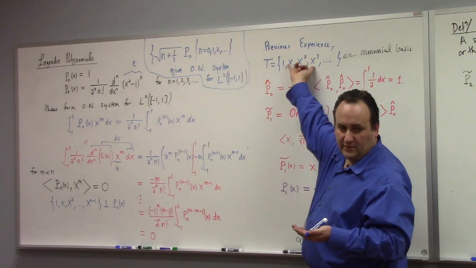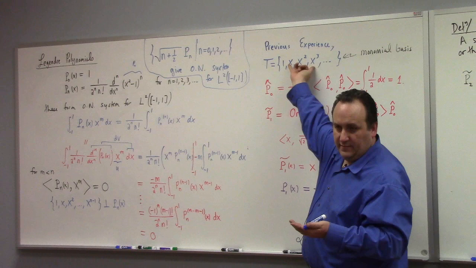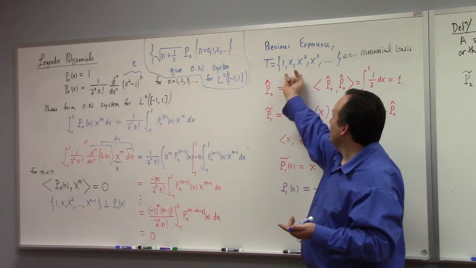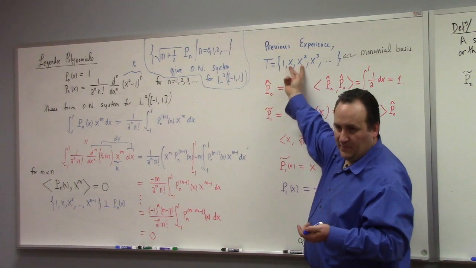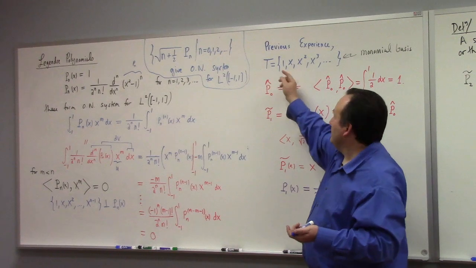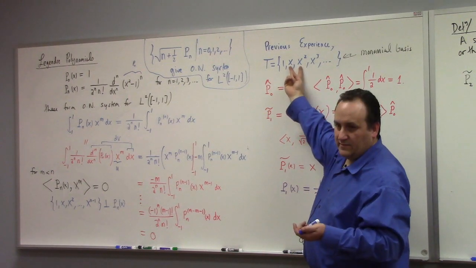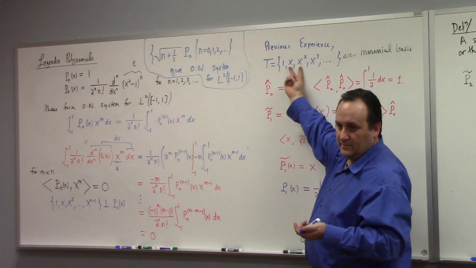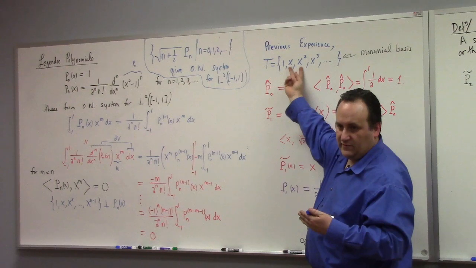Those are not perpendicular. But if the sum of the degrees is odd, those are perpendicular with respect to this inner product. Like x and x squared would be perpendicular because we have the integral of x cubed from -1 to 1, which is 0.